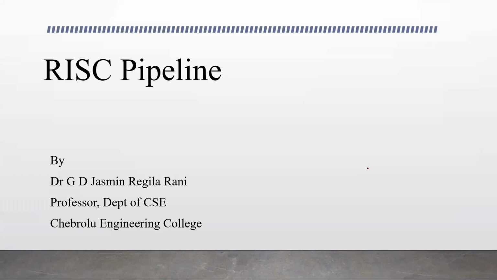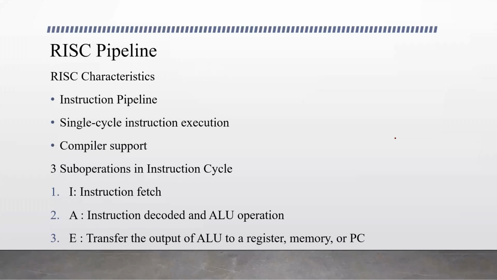In complex instruction set computers, the instructions are complex, and it takes a lot of time to execute those complex instructions. So here we learn how pipelining is implemented to execute those simple instructions in RISC architecture computers.